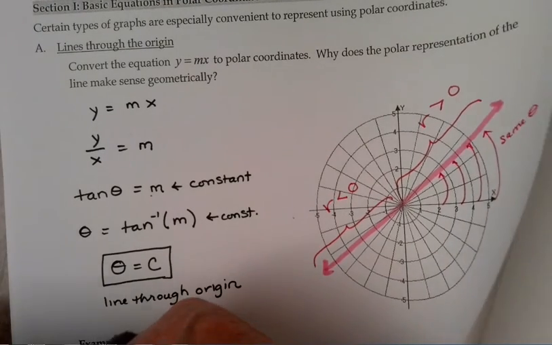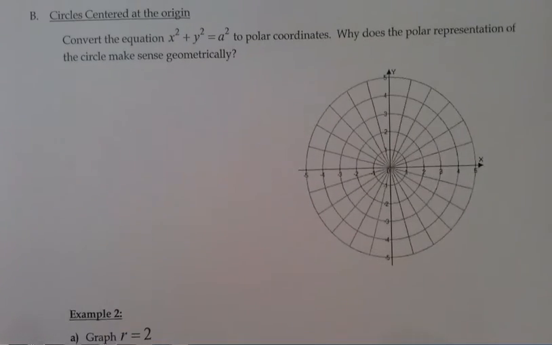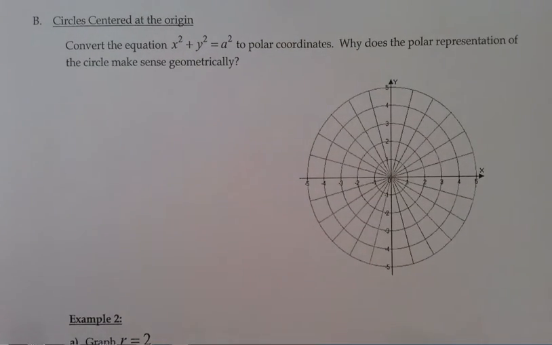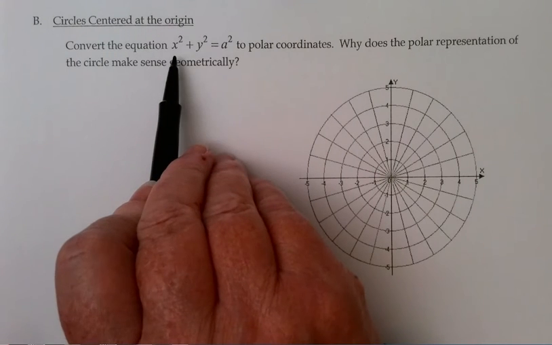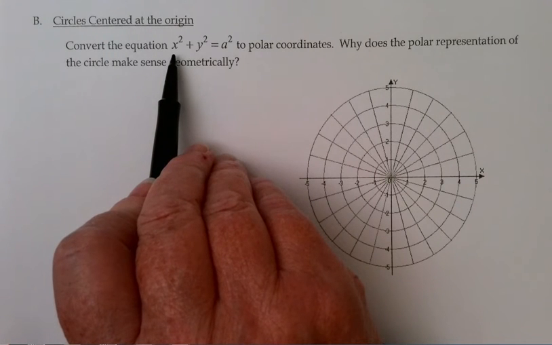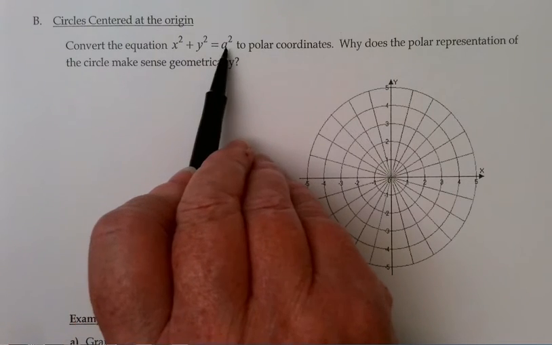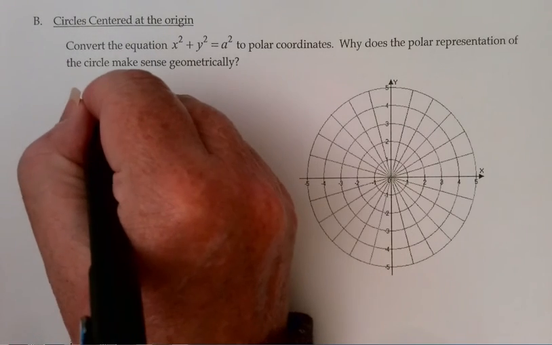The next type of equation that's quite easy to deal with are circles. If we have a circle centered at the origin, we've seen these equations before, right? In rectangular coordinates, the equation of a circle is just x squared plus y squared equals some constant squared.